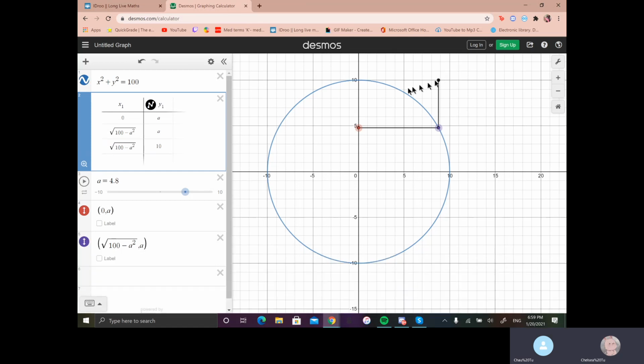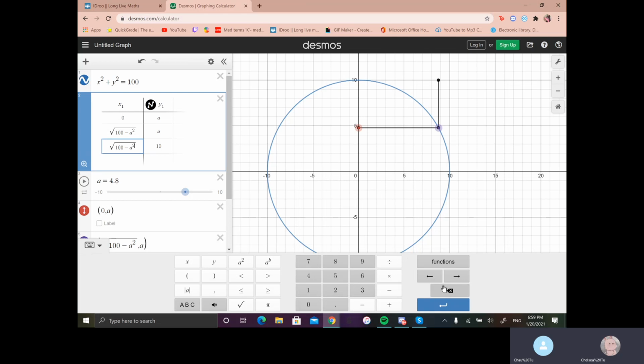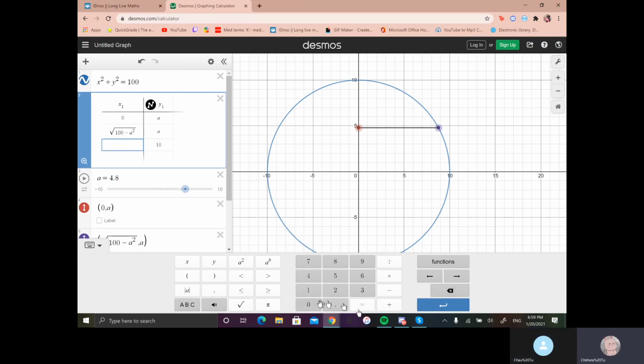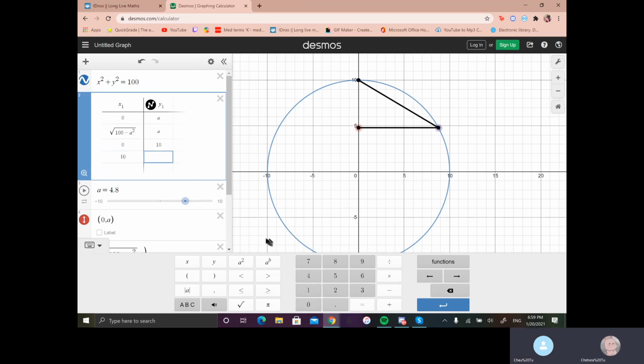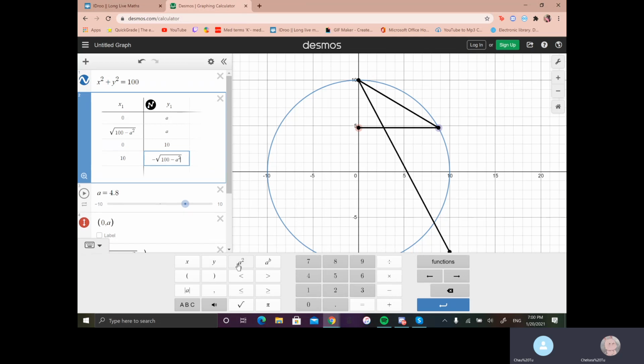What's the coordinate of the top of that circle? (0, 10). How can you put that square root thing? Now join it up to the other end of this, and then from here to (10, negative square root of 100). So you're moving 10 across in the right direction, and then down.